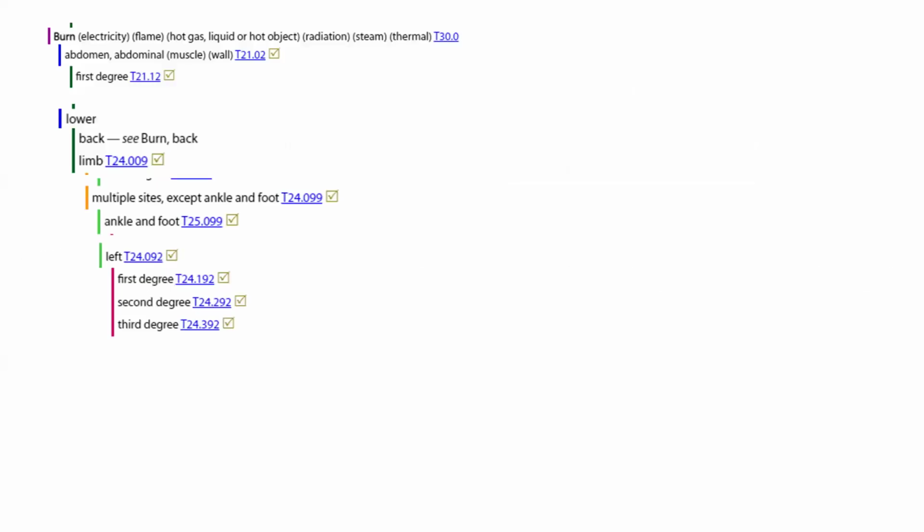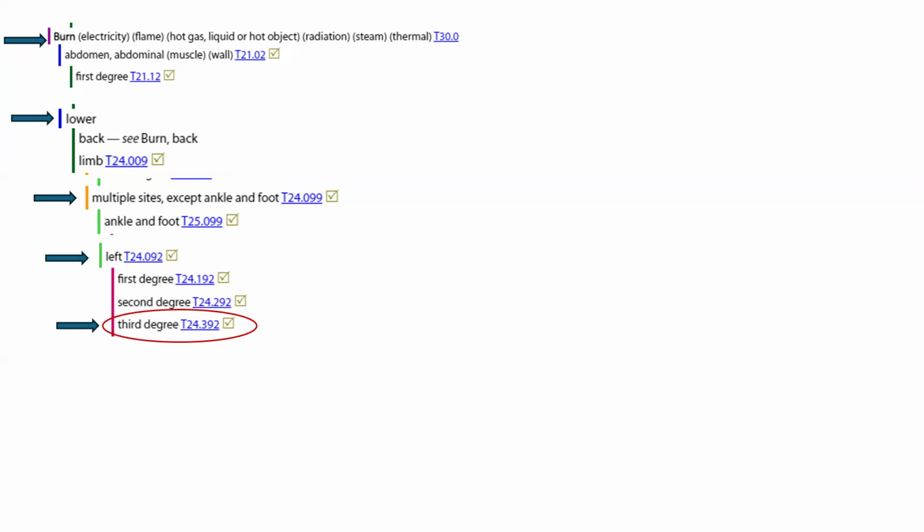Starting with the 3rd-degree burns of the anterior and posterior portion of his leg, starting at the knee, extending above the ankle, in the ICD-10 alphabetic index, look for burn, lower limb, multiple sites, except ankle and foot, left, third degree, referring you to T24.392. Third-degree burns to the left leg at the knee extending above the ankle, multiple sites, are coded as T24.392.